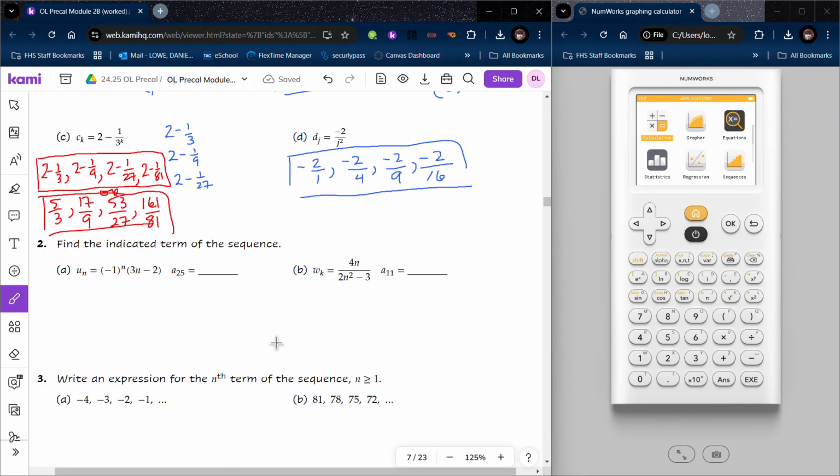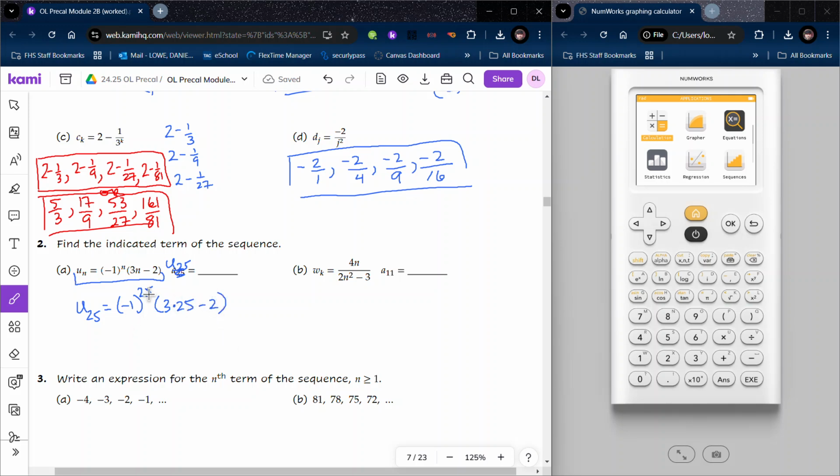As I continue, the next part says find the indicated term of the sequence, where in this case u sub n is given by my particular values. So I want my 25th term. Really this should say u sub 25, that means that u sub 25 is going to be negative 1 to the 25th, times 3 times 25 minus 2.